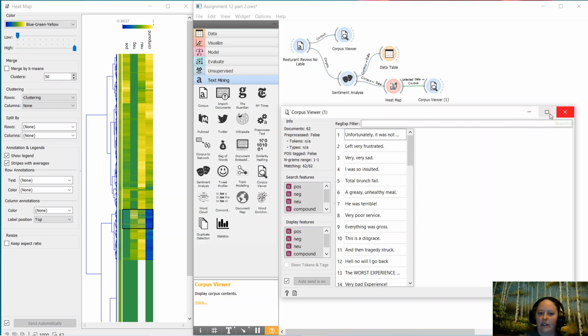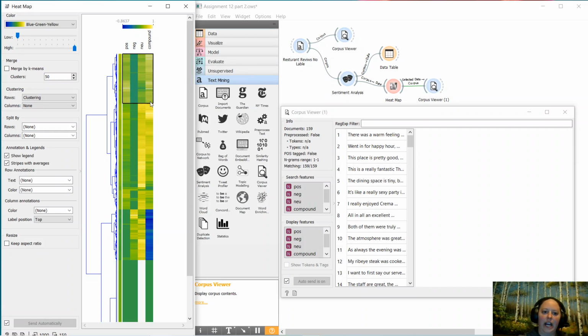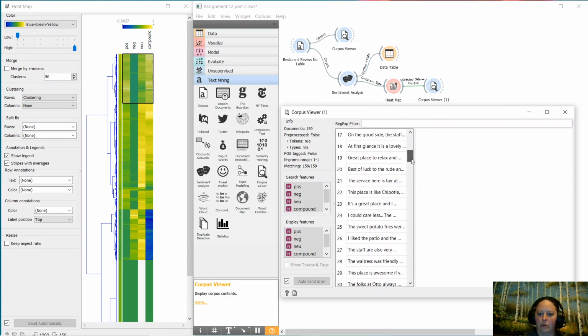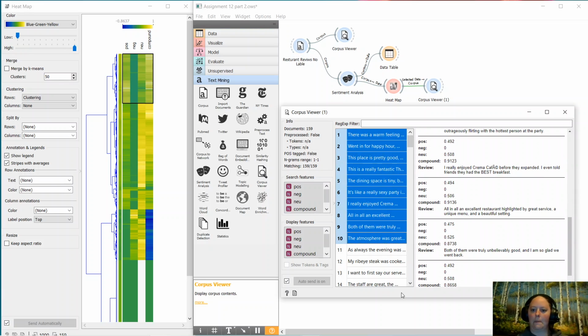So now that we see that, we're going to look at 5 different sections. If we highlight this part here, it's going to show up in the corpus viewer, about 160 reviews. It's showing that it is the positive reviews.